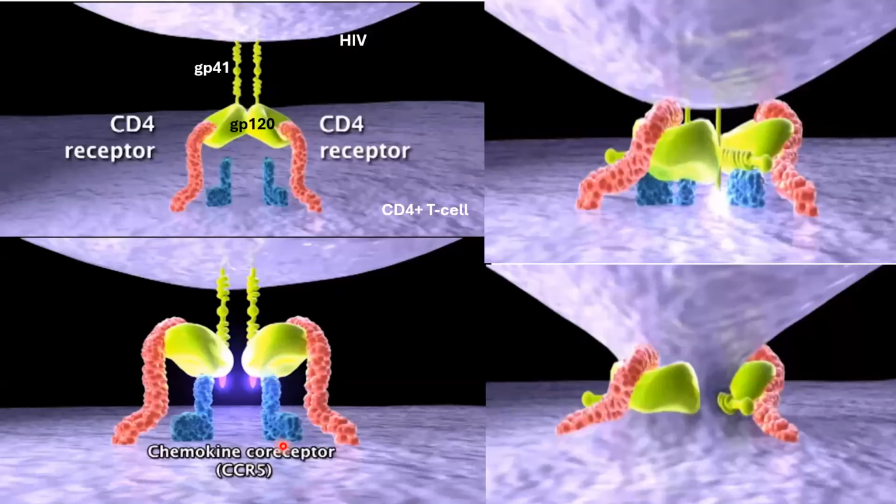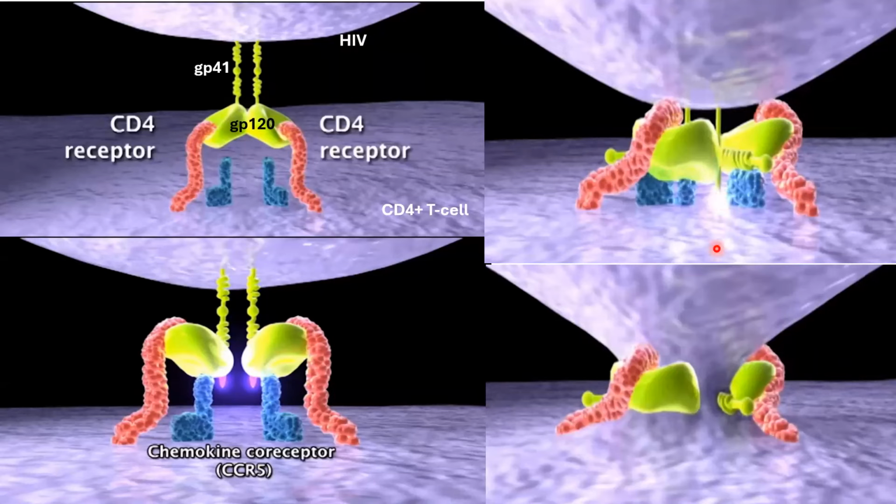So after it does that, it will allow the glycoprotein 41 to enter the host cell. That's why CCR5 is called an entry receptor. Okay, so because after it binds to the CCR5, these two like needles or screws or whatever you want to call them, it's able to now enter the host cell. Now here, if you can see these glycoprotein 41, they're almost like a screwdriver or a needle.